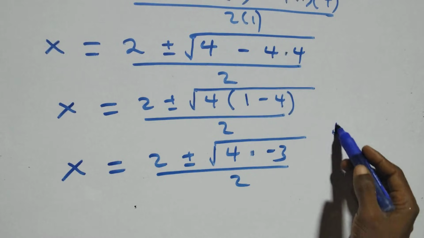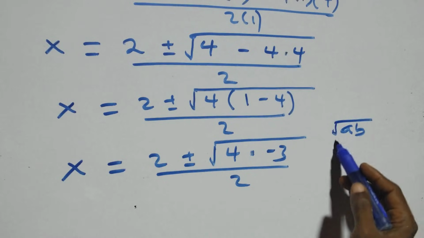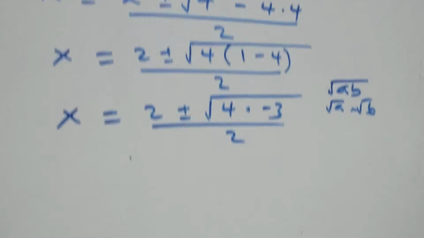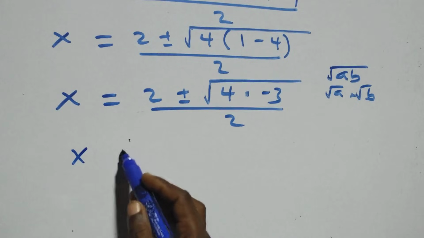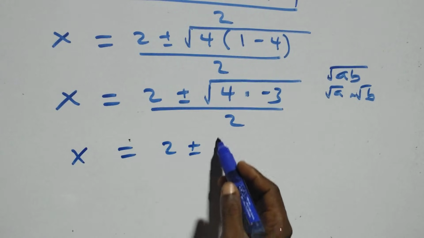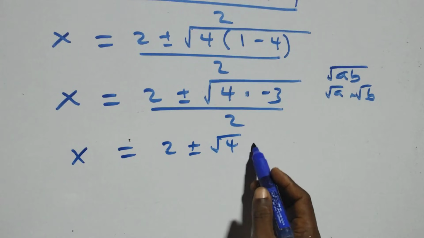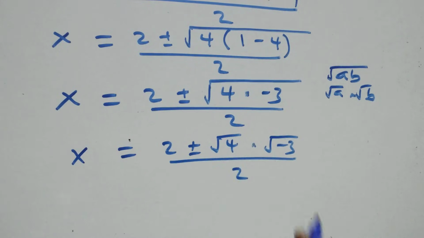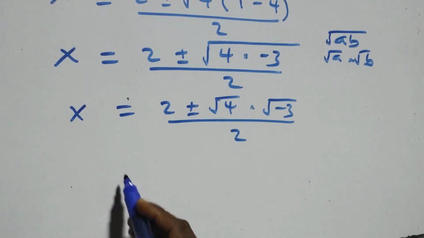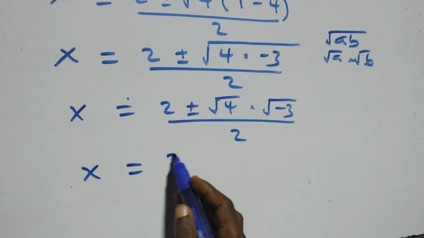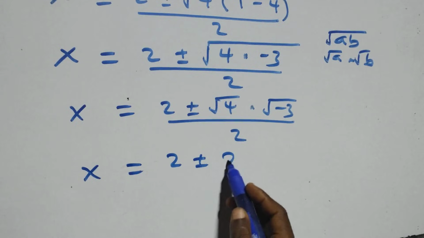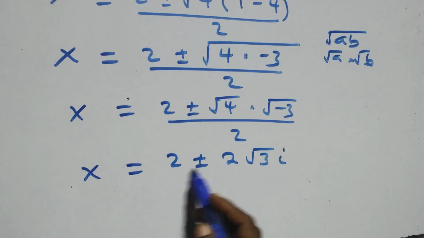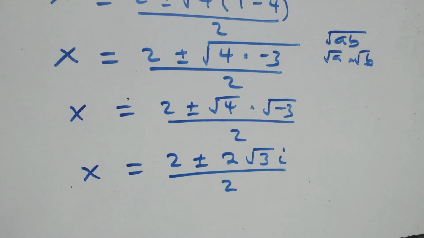Then when we have root of a times b, we can separate this as root a times root b. And this here we have x equals 2 plus or minus root 4 times root minus 3 all over 2. This becomes x equals 2 plus or minus root 4, that's 2, root minus 3, that's root 3i, all over 2.